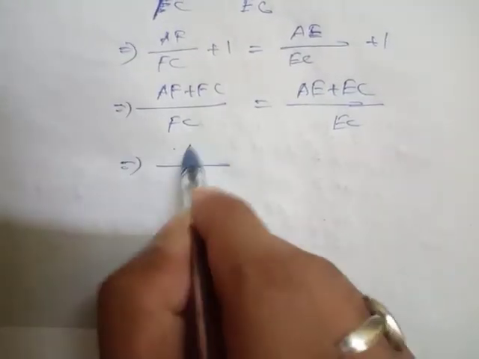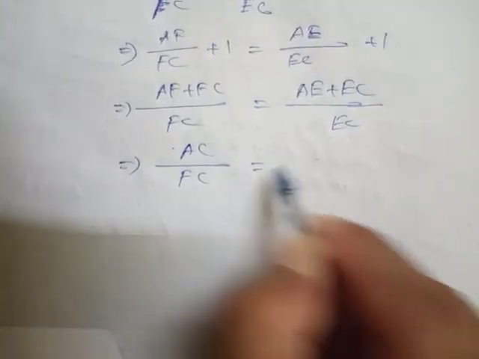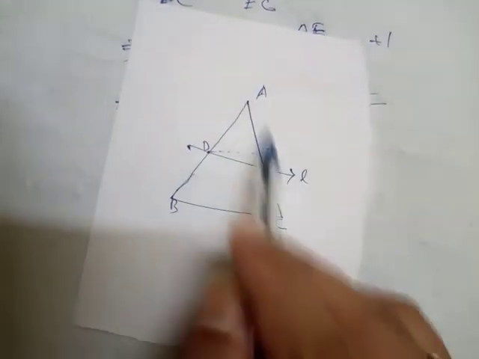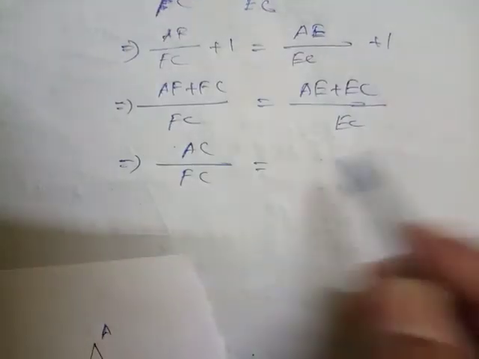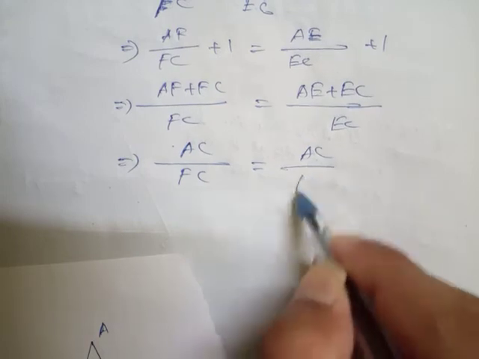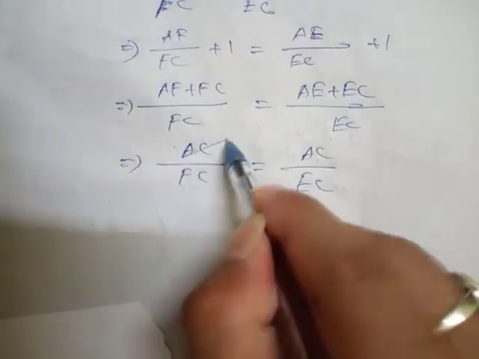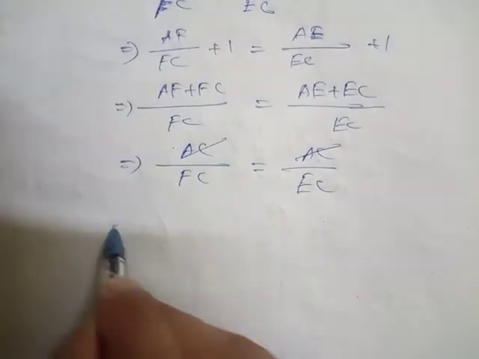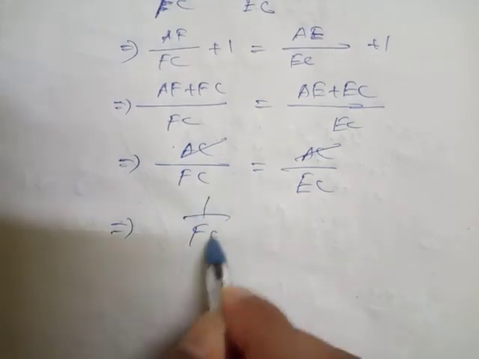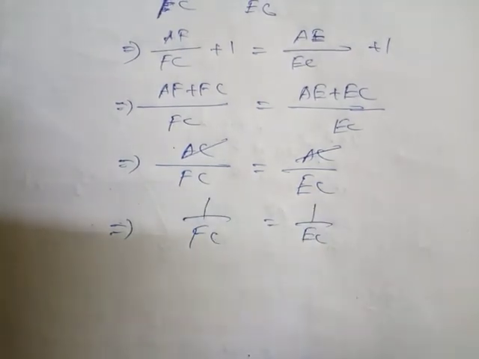So we write here AC by FC. Again, AE plus EC is AC, so we write here AC by EC. Both sides have AC, so AC cancels, and the remaining part would be 1 by FC equal to 1 by EC.